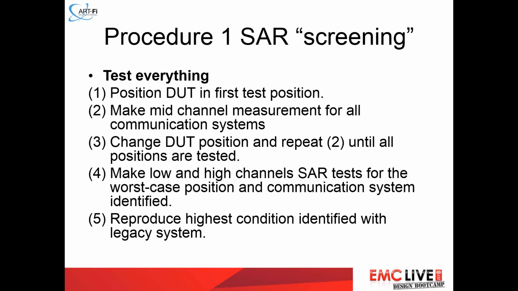You identify the worst case position and communication system, and for this condition you make low and high channel SAR tests. And you may reproduce this highest condition identified with the legacy system. That would be very conservative, but also basically the least efficient, because it's a test everything approach.